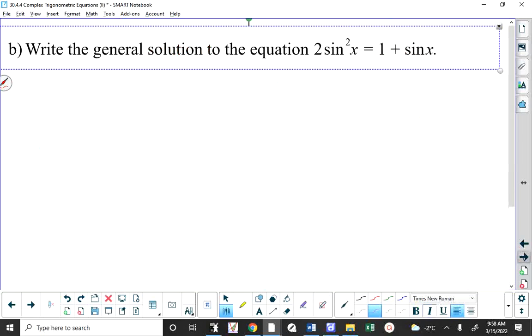All right, what's the general solution? Well, we could write the rotation angle is, we had pi over 2 plus multiples of 2 pi. We had 7 pi over 6 plus multiples of 2 pi.